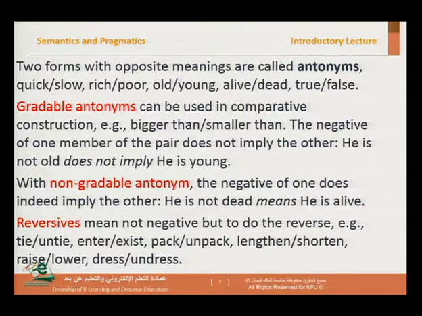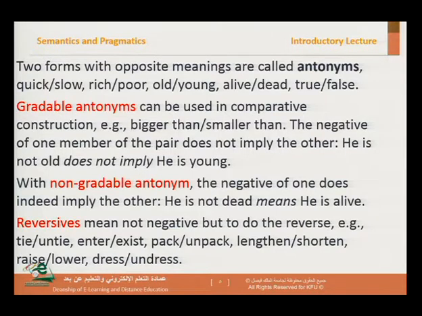I can lengthen something, make it longer, or shorten. So I'm doing the reverse. I can raise my voice or do the opposite, lower my voice. I can dress myself, so I put clothes on myself, or do the opposite and undress myself. Okay? So we call all these examples reversives.